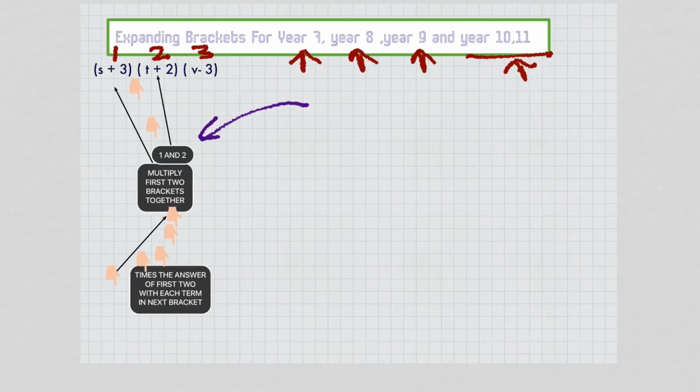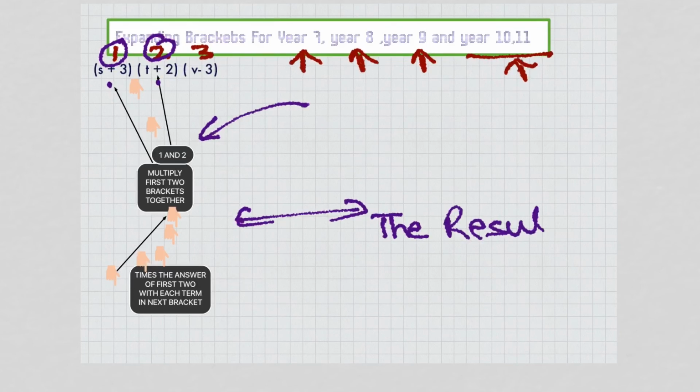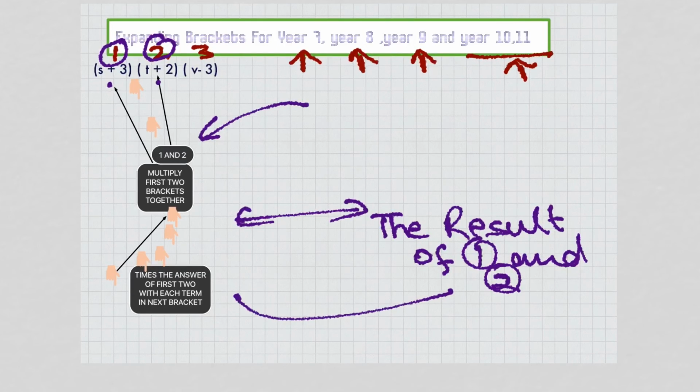Multiply first and second together, and whatever result you get by multiplying first and second, you're going to multiply the result of first and second with the third one, with this one.